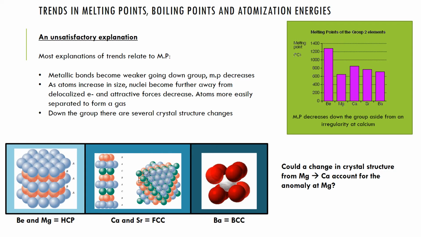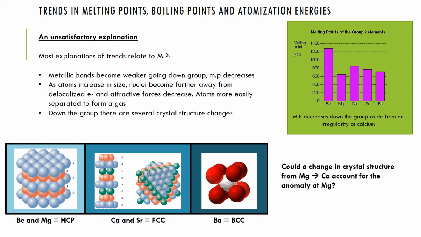As you go down the group, the atoms get larger and the nuclei become further away from the sea of delocalized electrons that forms the simple model of our metallic bond. The attractive forces that hold the metal together therefore decrease, and it's much easier to separate the atoms to form a gas.